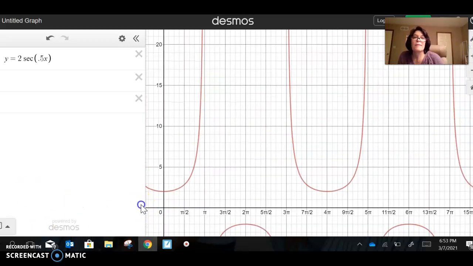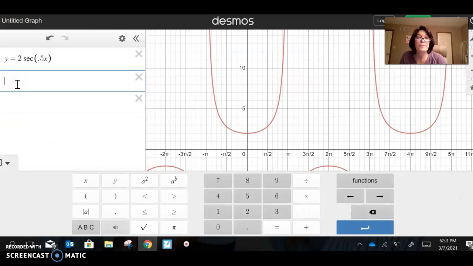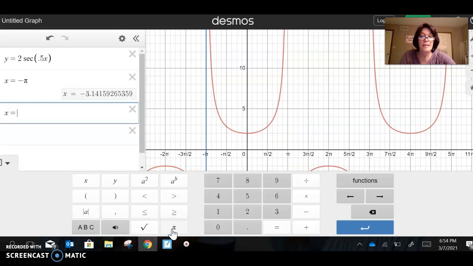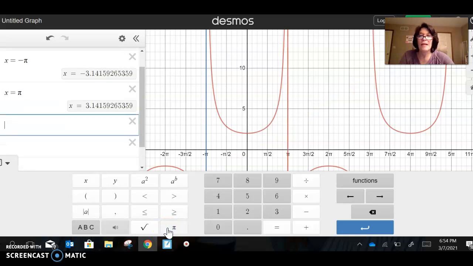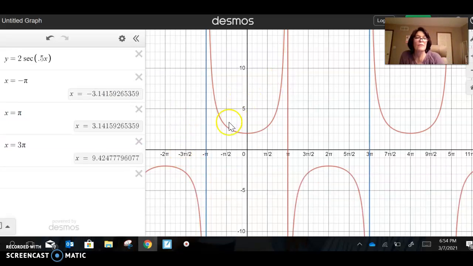My asymptotes were at x equals -pi, x equals pi, x equals 3 pi. That's where my asymptotes were.